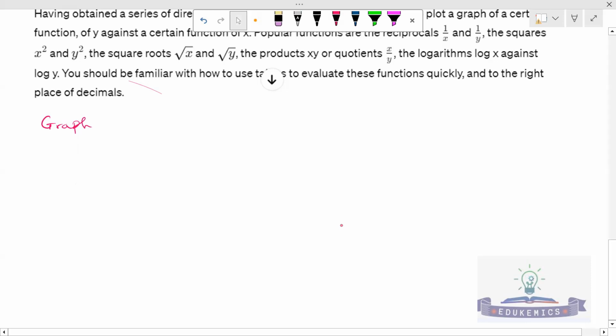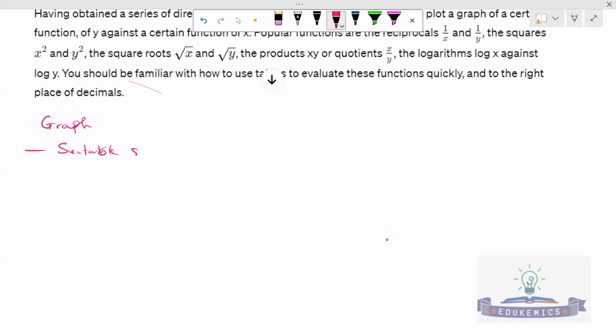I will get deeper into choosing these scales for your graph. And what we mean by that is your scale should be such that it can be used directly and easily without auxiliary calculations.